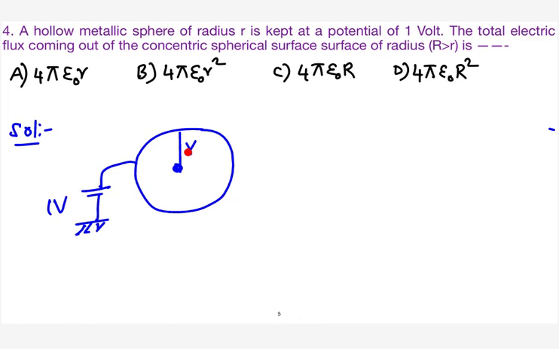Now what will happen? The moment you apply a voltage to any conductor, since it is a metallic sphere, some amount of charge will be induced. Can you tell what is the amount of charge induced on the sphere because of this 1 volt?